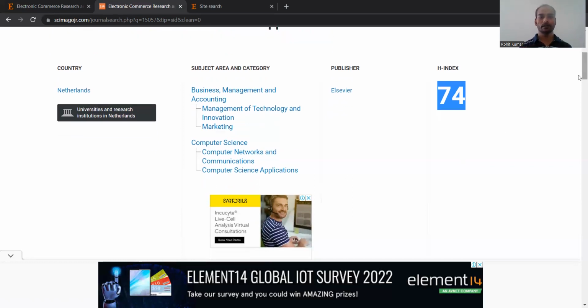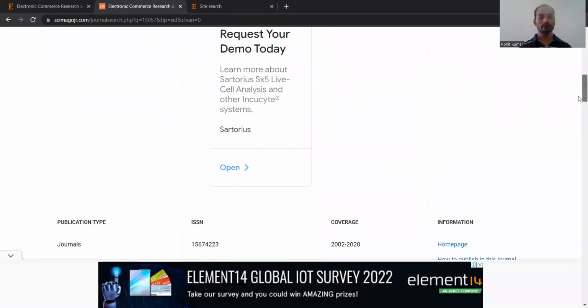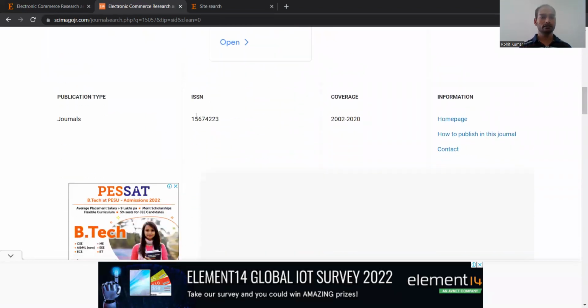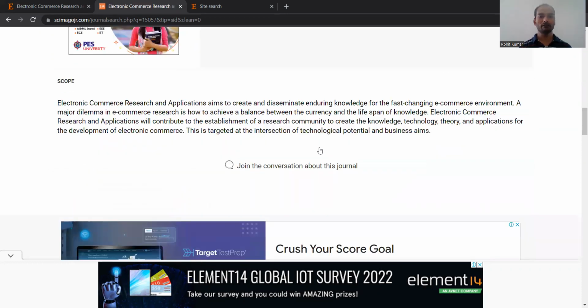So in this way, Elsevier is providing this wonderful journal, and here you have the publication type: journal, obviously, and the ISSN. Coverage is from 2002 to 2020, and these are some of the common links. Moving down, scope we have already seen, and everything we have already discussed.